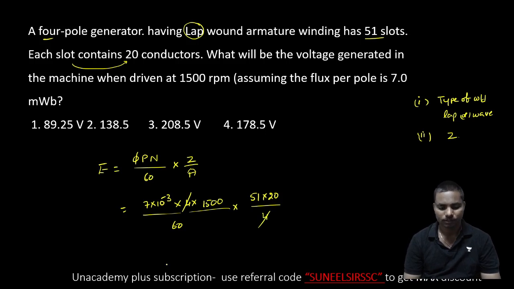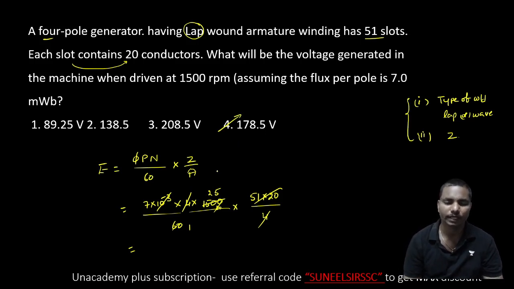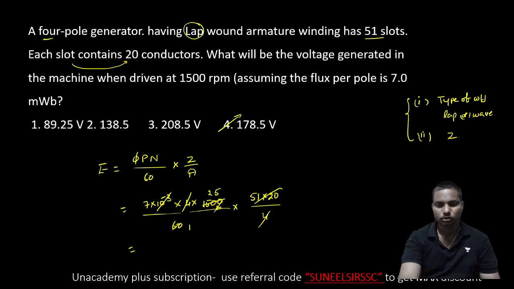Consider 51 into 20 approximately 1000. This 1000 is 10 power minus 3, almost cancelled. 25 into 7 is 175, very near to 175. Answer is option 4. Like that we just go with approximation, and here it is very important whether lap winding or wave winding, and second, the number of conductors. Generally the students get confused in these two only.